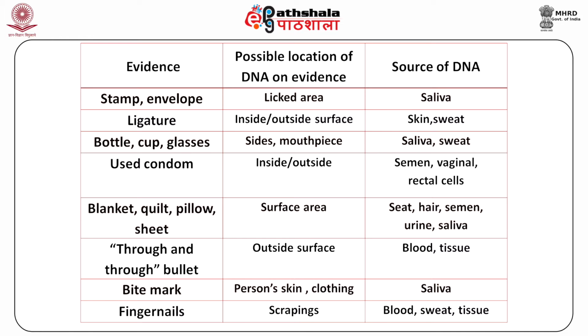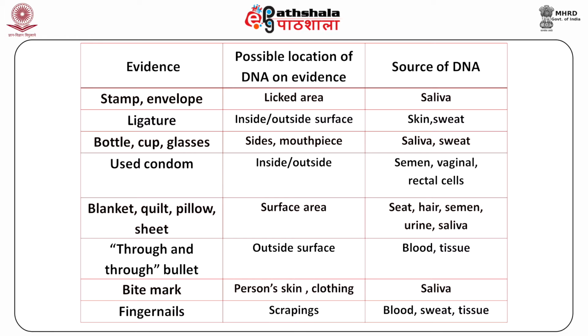Ligature, the inside or outside surface of the ligature shall contain skin or sweat as a source of DNA. Bottle, cup or glasses, sides and mouthpiece shall contain saliva or sweat for DNA. Used condom, inside or outside, semen, vaginal or rectal cells shall be present.